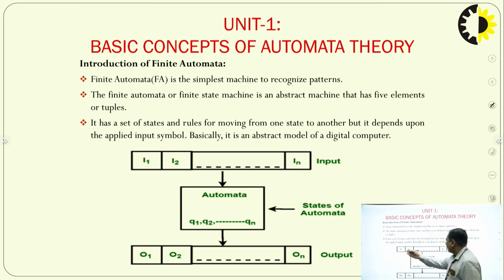So here we have n number of inputs to apply on the machine, the state of automata. In the automata, we will have n number of states represented by q1, q2 and qn, and we will have n number of outputs. So जब मशीन के ऊपर हम अप्लाई करेंगे इनपुट को, we will have the output. So this is the model of the finite automata.